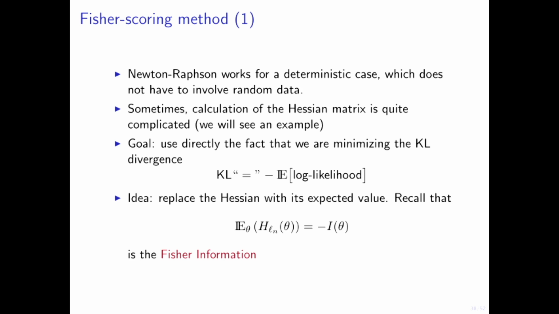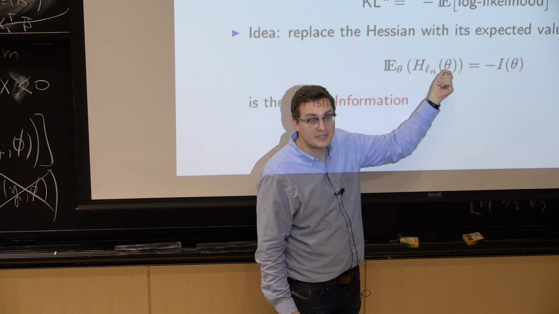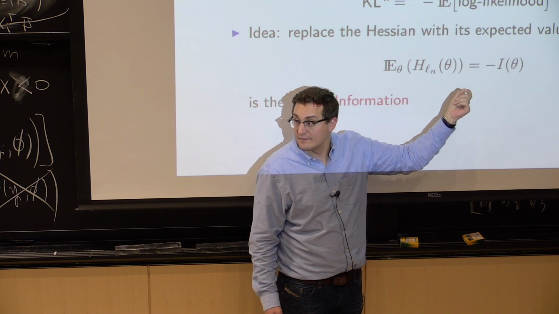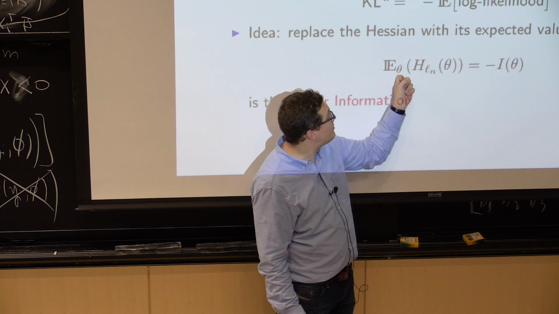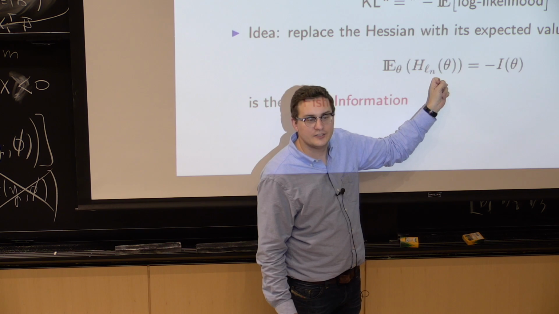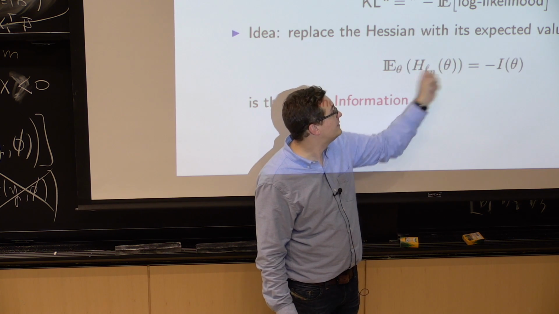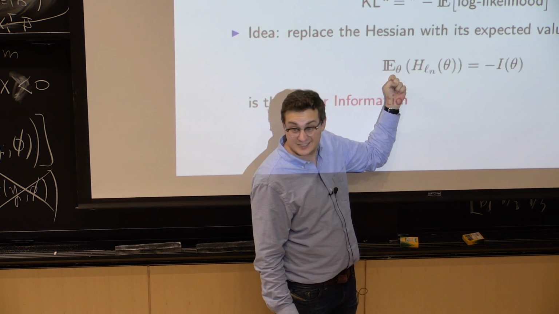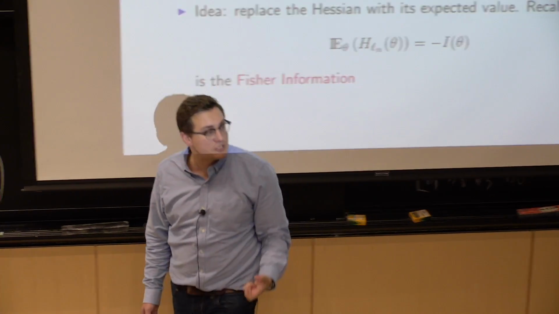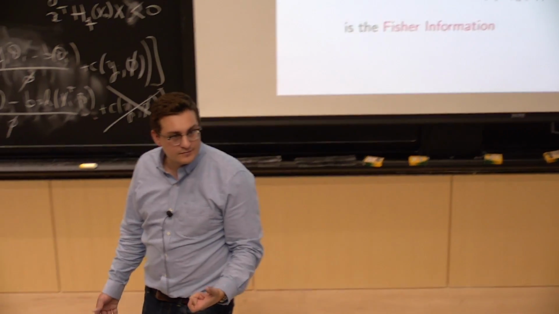And what happens is that since I'm actually trying to find this at a given xk, I can always pretend that this xk that I have in my current iteration is the true one and compute my expectation with respect to that guy. And what happens is that I know that when I compute the expectation of the Hessian of the log likelihood at a given theta, and then when I take the expectation with respect to the same theta, what I get out is negative Fisher information, right?